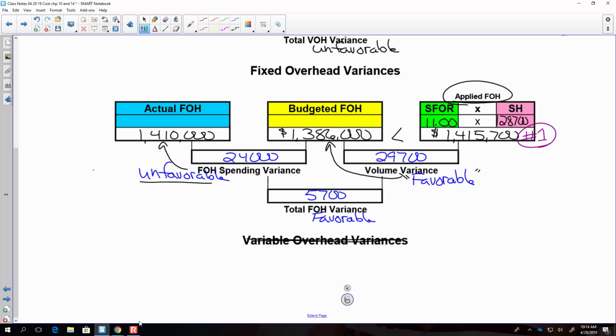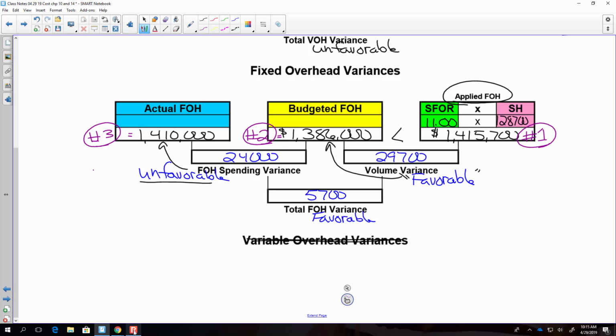Question number 2. Calculate the budgeted fixed overhead. The 1,386,000, the one in the center here. And obviously question 3 is on the left side here, 1,410,000.